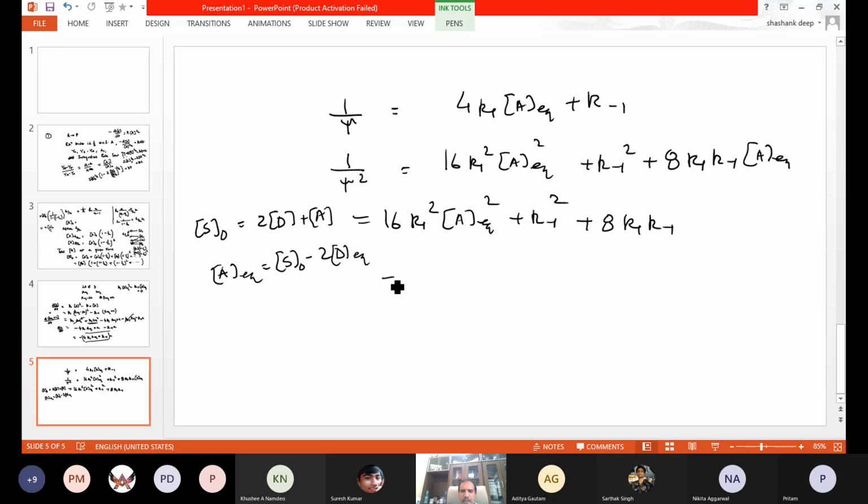Is this okay? So just put here k1 square A equilibrium square plus k minus 1 square plus, here we had to write 8k1 k minus 1 into S naught minus 2D equilibrium.